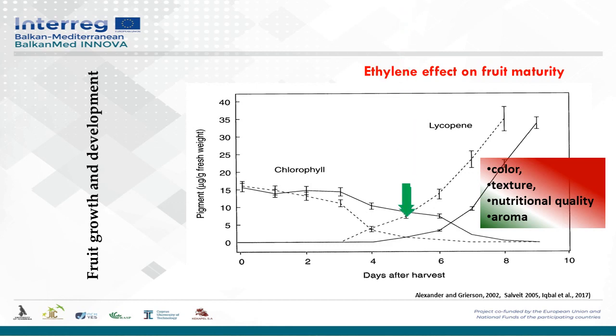And in the other case, when we use artificial ethylene, you can see that the rate of chlorophyll transformation into lycopene and prolycopene is significantly increased, and because of that, of course, we'll have fruits which ripen earlier than under natural conditions.